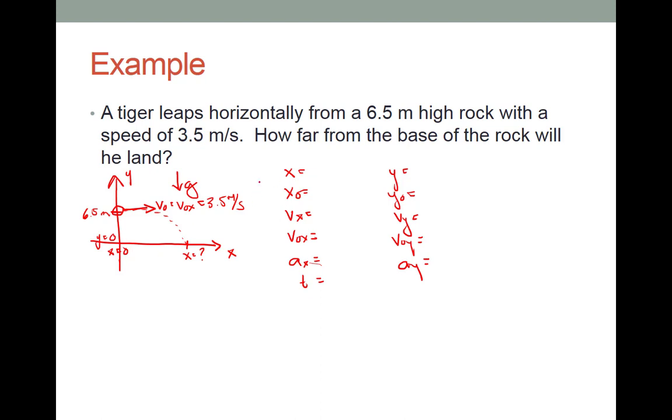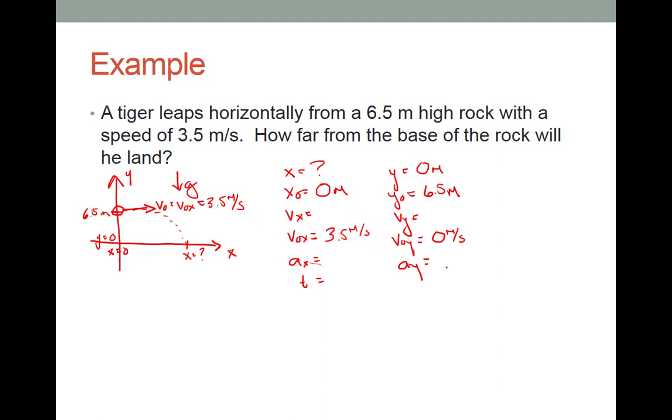He starts at a horizontal position of 0, because we let it be that. He starts at a vertical position of 6.5 meters, and he lands on the ground at 0 meters. The horizontal distance is what we want to know. We know our initial velocity is only in x, so I can write that as 3.5 meters per second, and initial velocity in y is 0.